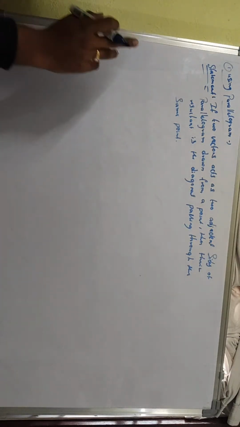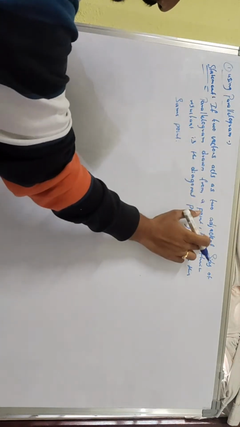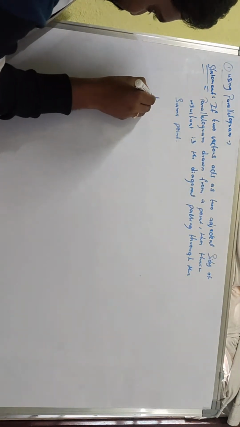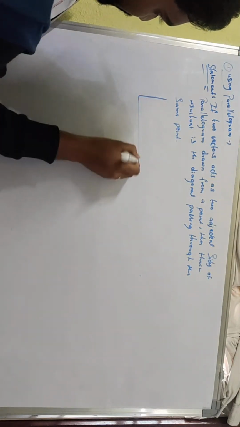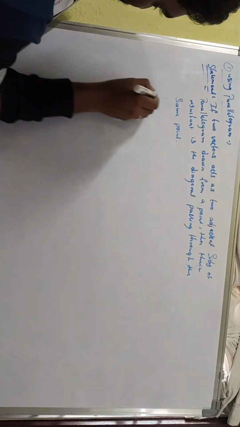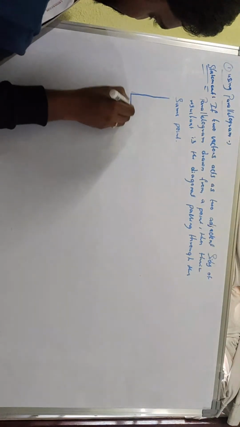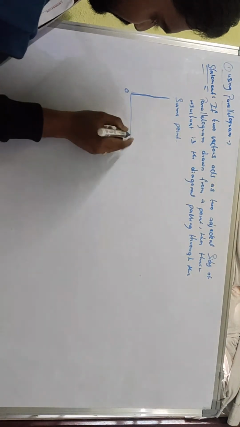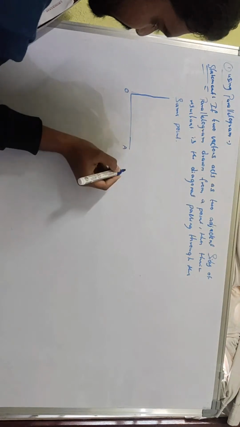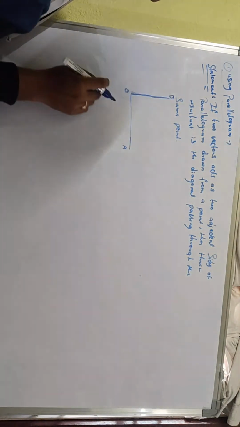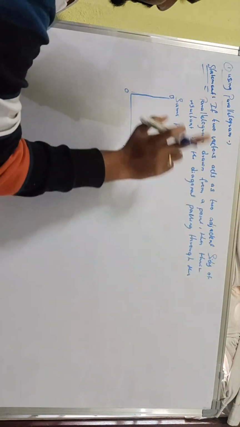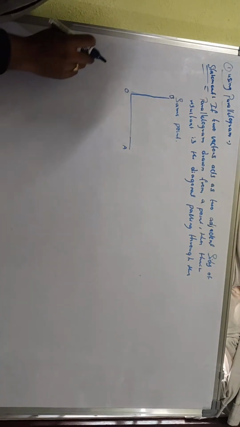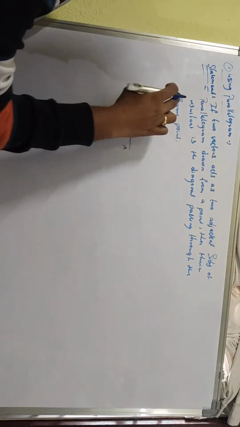Clearly the statement shows: if two vectors act as two adjacent sides of a parallelogram drawn from a point, the point is O, and the first adjacent side is here A, and the second adjacent side is here B. So OA is one side and OB is the other side.